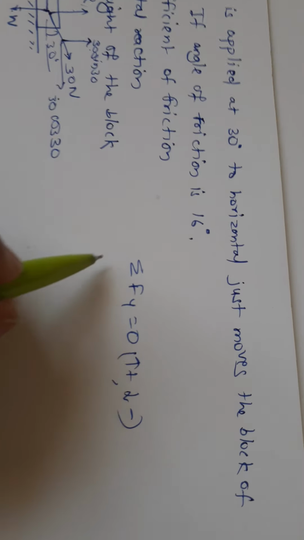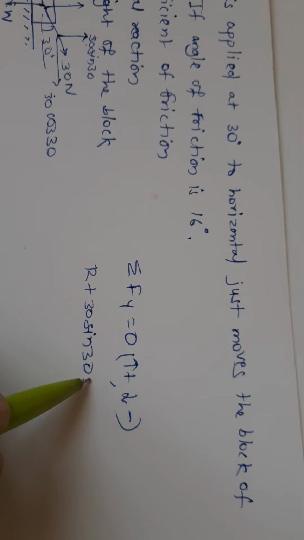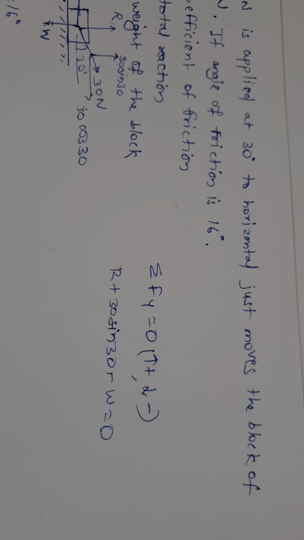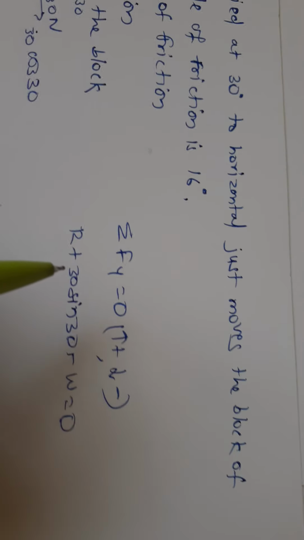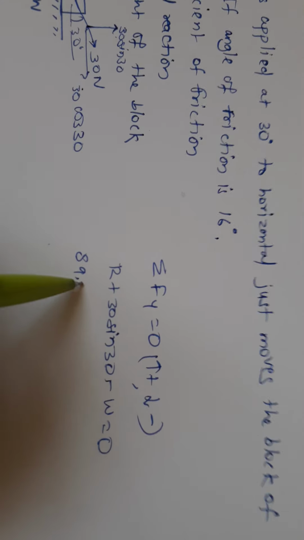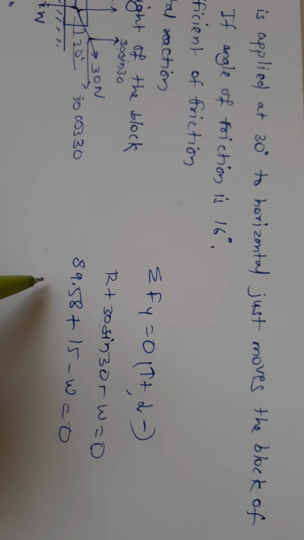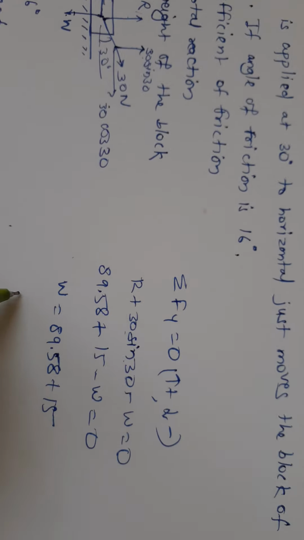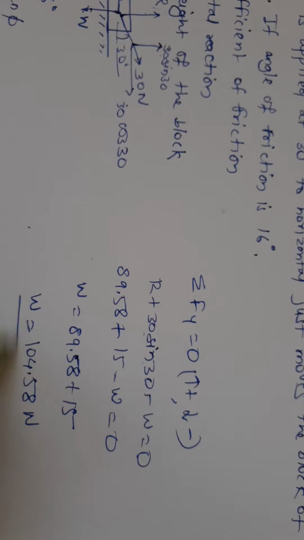So we can write from this as R plus 30 sin 30 minus W equal to 0. So 30 sin 30, if we calculate in calculator, it will be 15. So we can write R from here 89.58. 89.58, 30 sin 30 will be 15 minus W equal to 0, or you can write W equal to 89.58 plus 15. So this addition will be 104.58 Newton. So this is W.